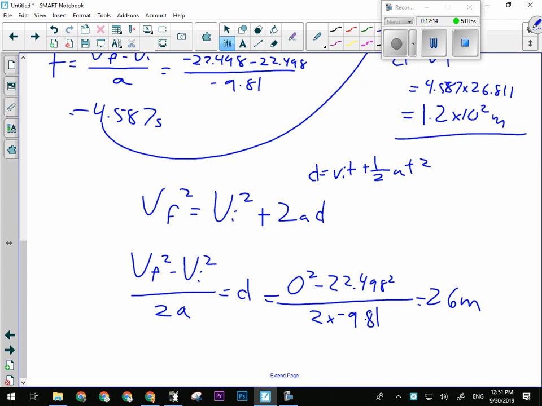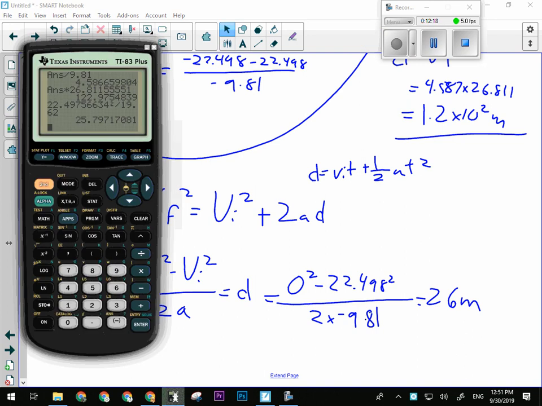We'll just plug that in just to show that it's possible here. Right, so that's 4.58 seconds there was our answer. Okay, so there's half my time. That's how long it takes to get to the maximum height. So now I'm going to plug that into my formula here.